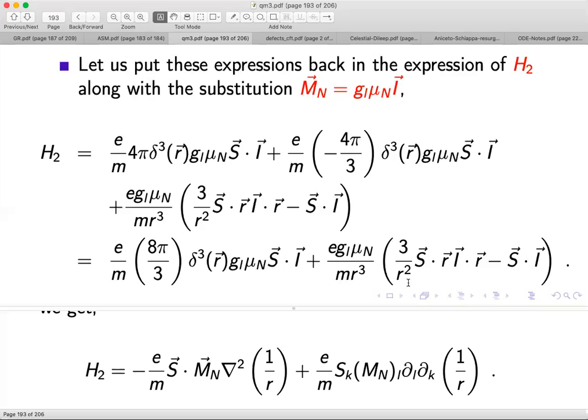In our case, of course, things are going to be easy, because not only is I a fixed quantity, whatever the nuclear spin is, but S is also a fixed quantity, which is half. So this expression is either positive or negative. There's not much play there.